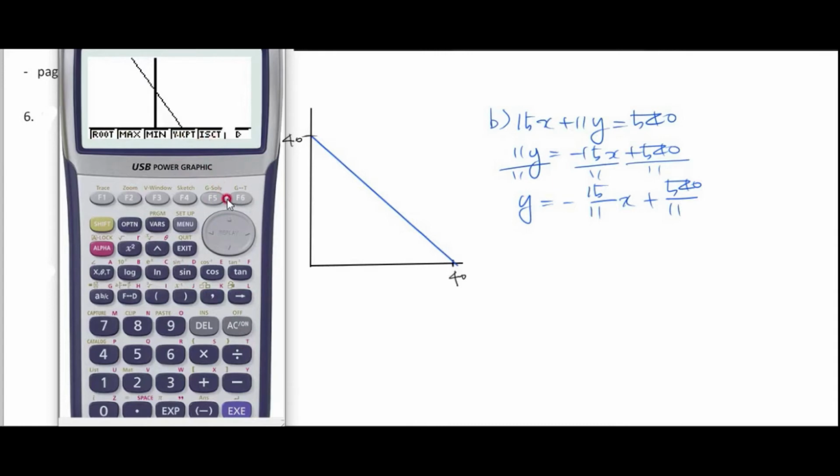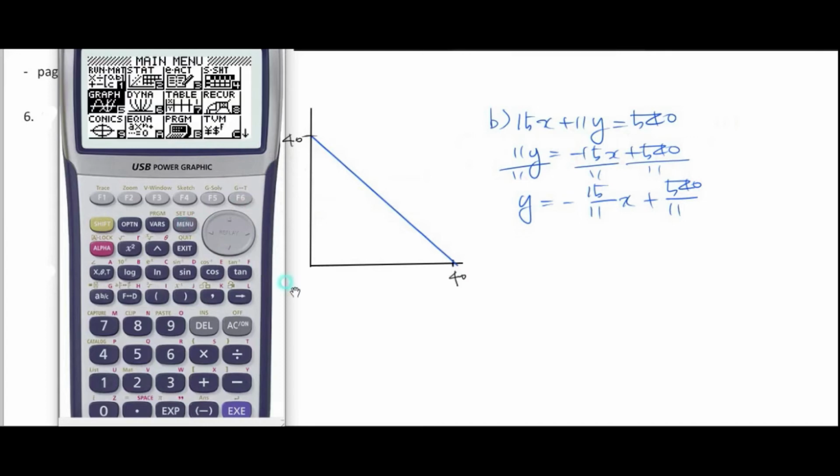And right here, the root is the x. So if we press it, we can find that x equals 36. And then, pressing G-Solve again, let's look at the y-intercept. It says 49.0909090909. So that's 540 over 11. So let's check that in the calculation, which is the first one right here.